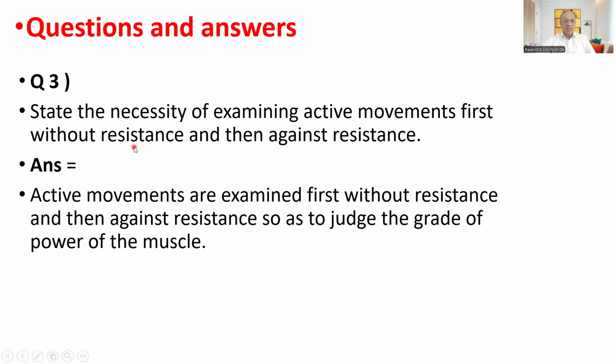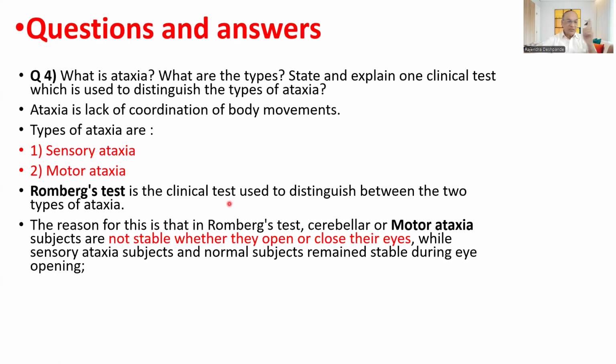So the student should answer, active movements are examined first without resistance and then against the resistance to judge the grade of power or strength of the muscle. Next question by the examiner, what is ataxia? What are the types of ataxia? State and explain one clinical test which is used to distinguish the types of ataxia.